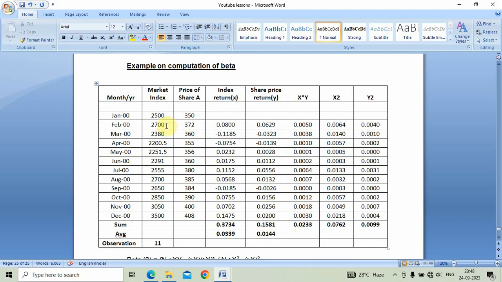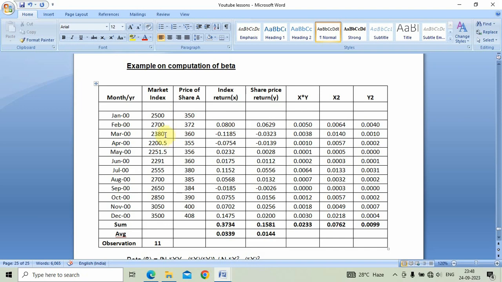What is the index return? In the month of February, the index closes at 2700, and in January it was 2500. What is the change? 2700 minus 2500 divided by 2500. This is the change in February with respect to January, and that value is 0.0800.